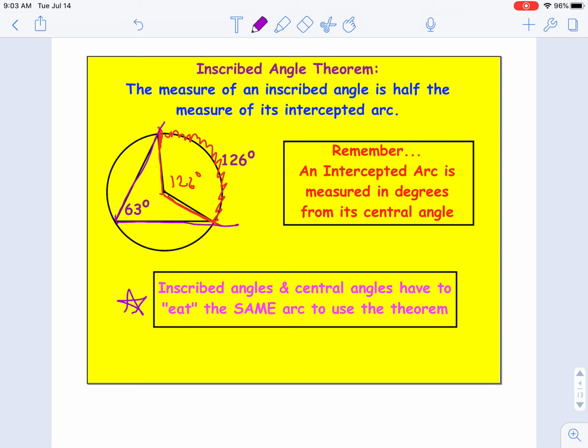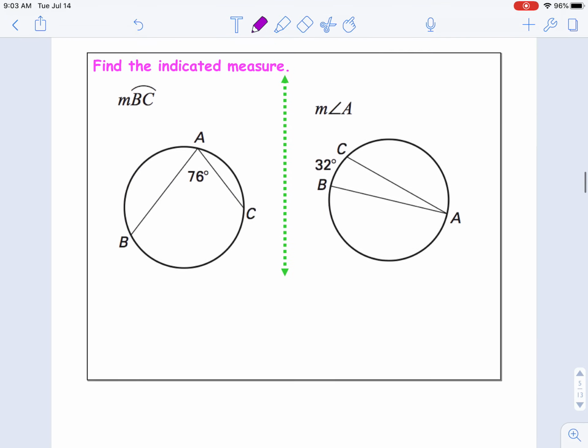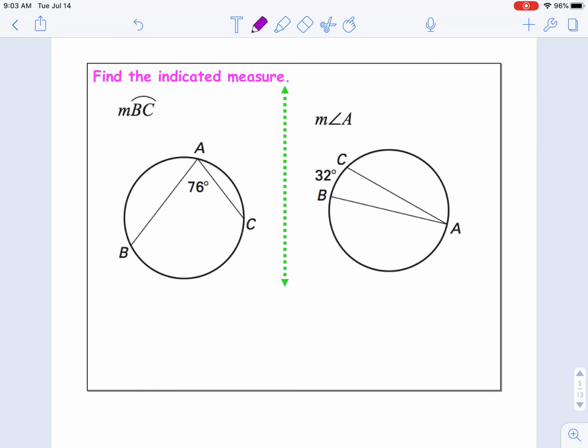Or you can say that the intercepted arc is twice the measure. And again, this is important: inscribed angles and central angles have to intercept the same arc to use the theorem. It's kind of like the Pac-Man, where we're saying eat the arc.